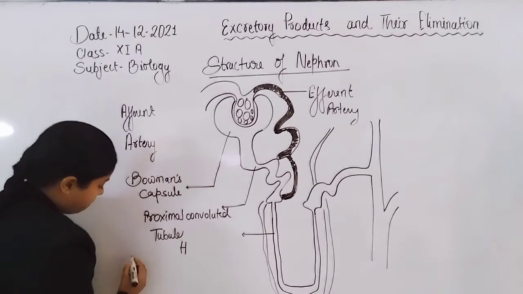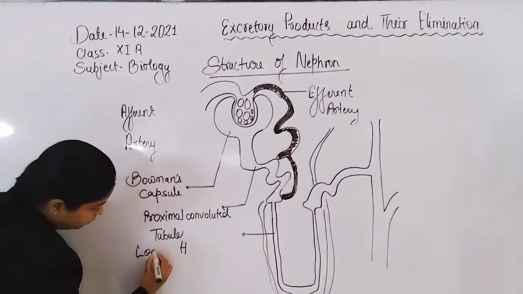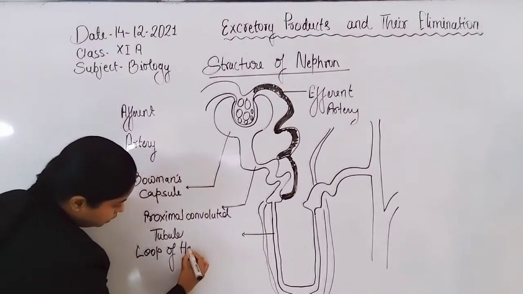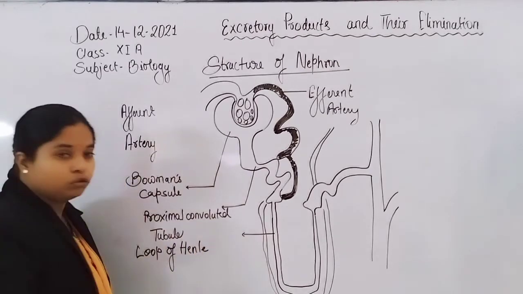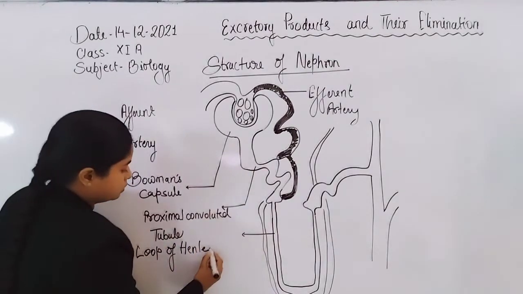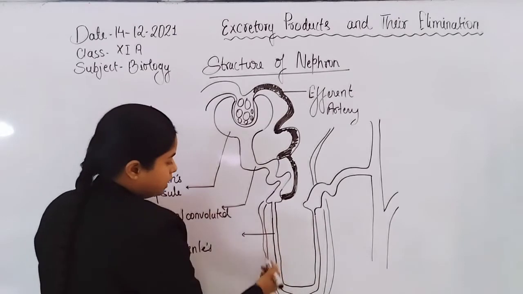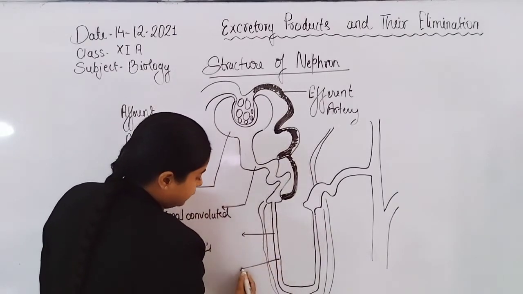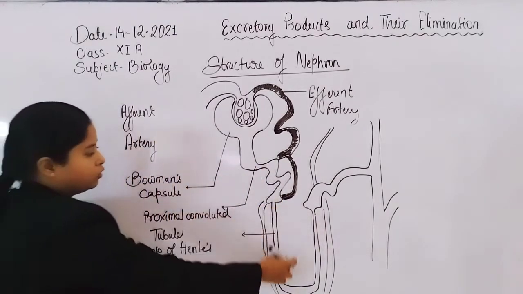Now this is the ascending part of the loop of Henle and the descending part of the loop of Henle.